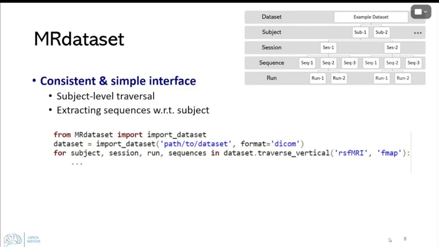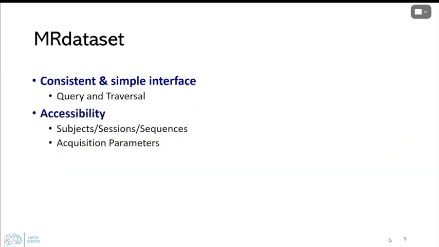One can go through all the sequences, or can also go through sequences which are associated with each other, like retrieving the resting state fMRI data along with their field map data for all the subjects and sessions in your dataset. So MRdataset provides a consistent and simple interface to organize subject sessions and sequences, and it makes data retrieval straightforward.